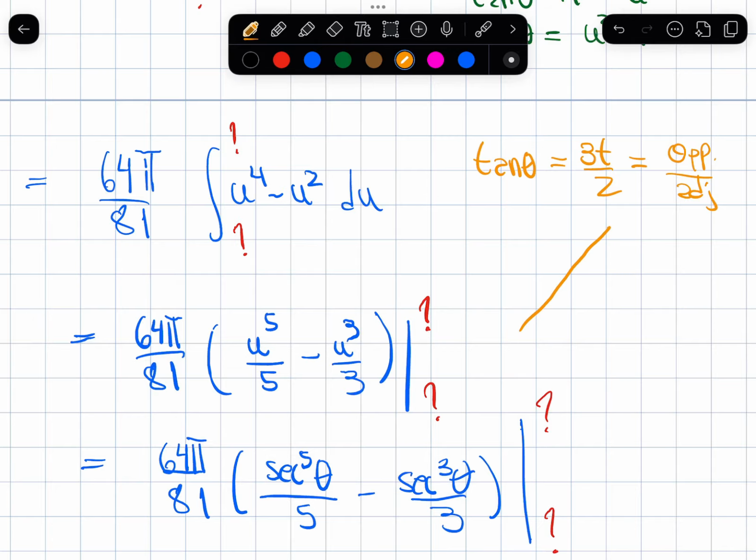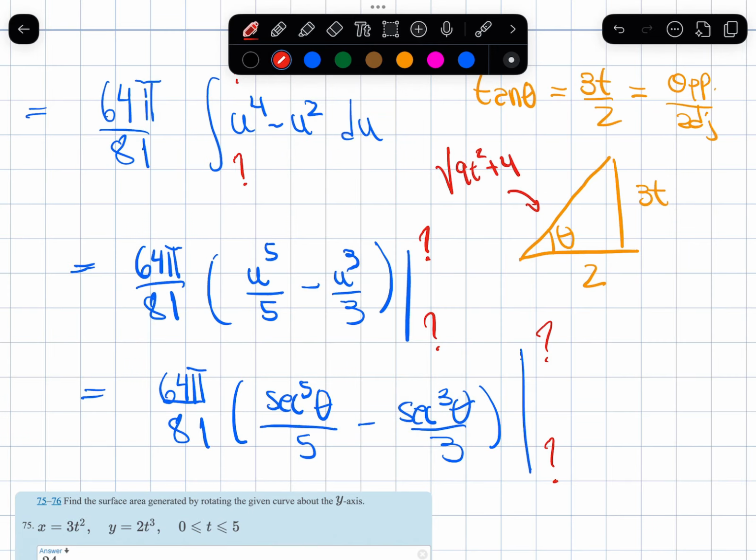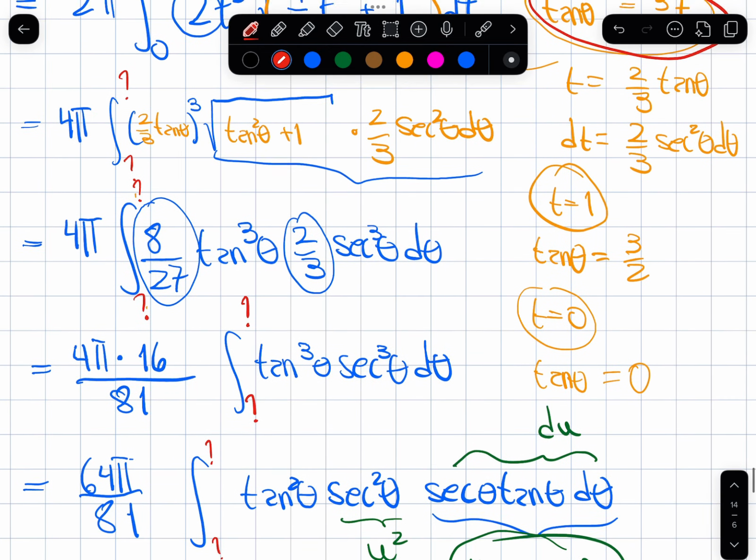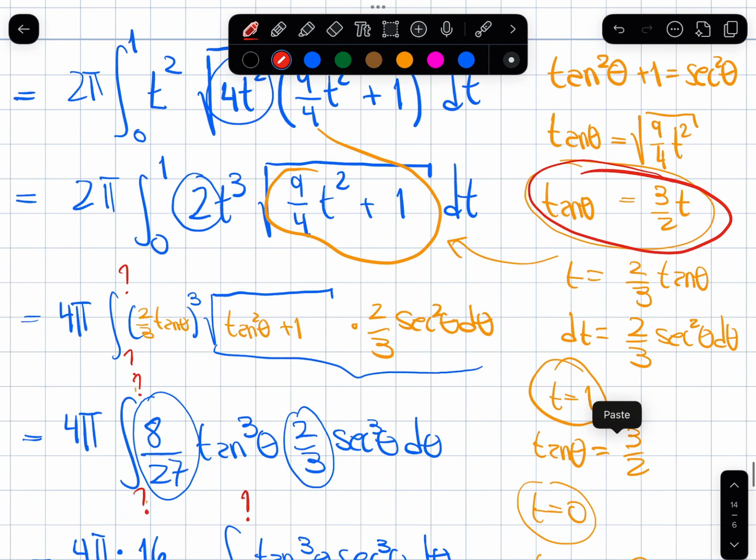So theta needs to live in a triangle like this. We can use the Pythagorean theorem to find this hypotenuse as root 9t squared plus 4, which is precisely what we had before. You see that? Go back. Go back.